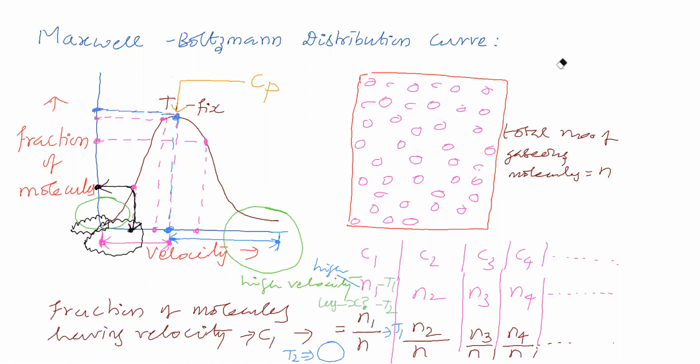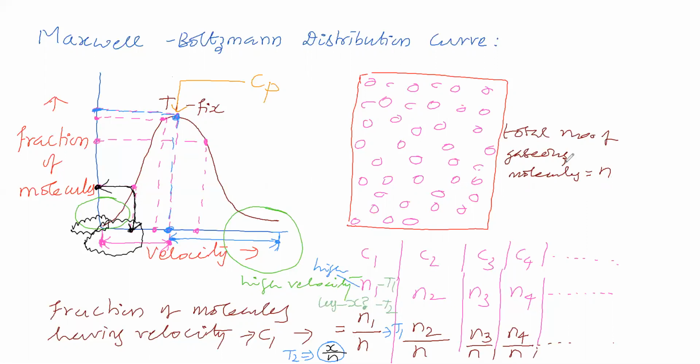Now the fraction of gaseous molecules having velocity C1 at temperature T2 is the number of molecules having velocity C1 by the total number of gaseous molecules. The total number of gaseous molecules will not change when you change the temperature.